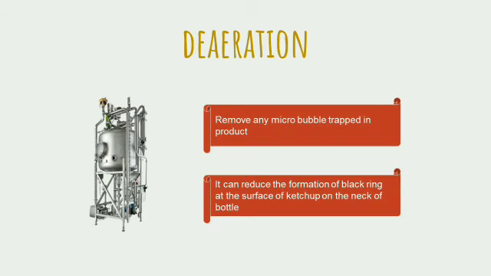Deaeration is the process in which it can remove any microbubbles trapped in the product. This process can also reduce the formation of a black ring at the surface of ketchup on the neck of the bottle. Hence, it will increase the quality of the ketchup when it is produced later on.